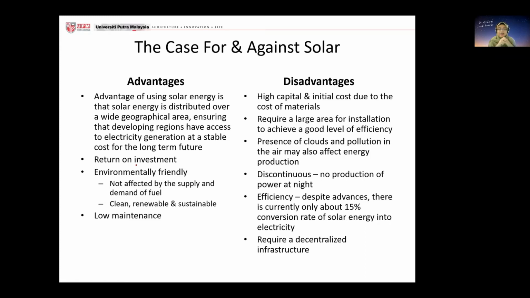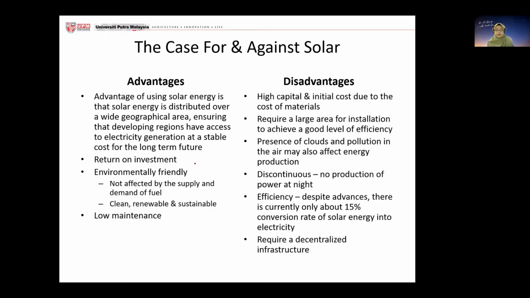And especially in the developing regions, we have access to a renewable type of energy that is stable. It may be quite costly in the beginning, but the operating cost is acceptable for the long term. And then the return on investment is quite good, right?